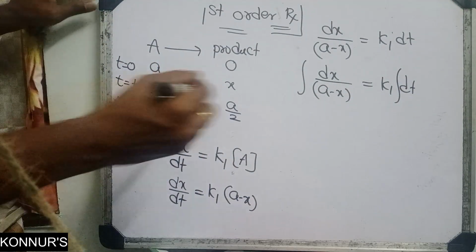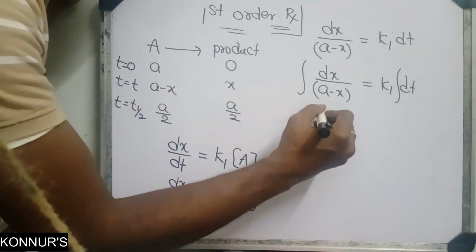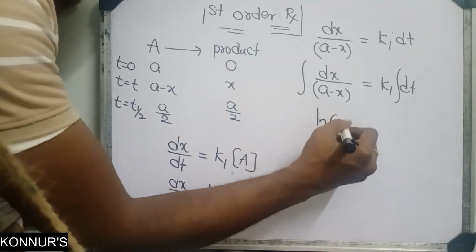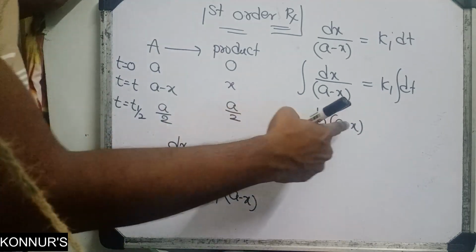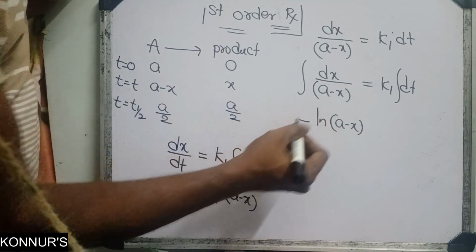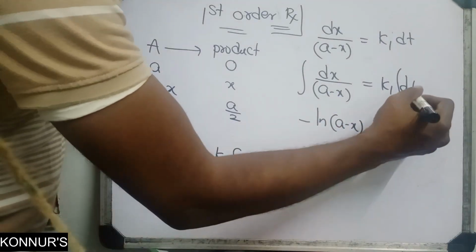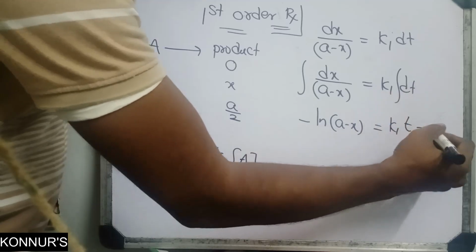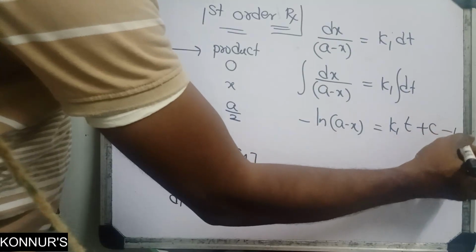The integration of 1 by x dx is log x, so ln of A minus x, where ln means natural logarithm. Since x has a negative sign, you put a minus, equal to K1 into the integration of dt, which is t, plus one constant. That is equation 1.